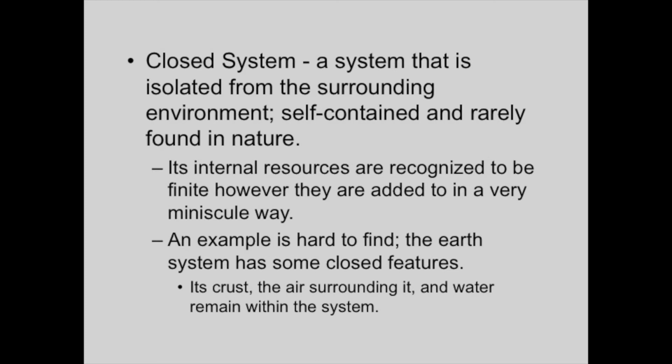However, we do know that things like meteors, cosmic dust, and meteoric dust are entering our atmosphere. We also know that the heat and the light gases associated with our planet, in this case the light gases being associated with our atmosphere, do escape, but they escape at a very slow rate. So as I said before, a closed system is hard to find.